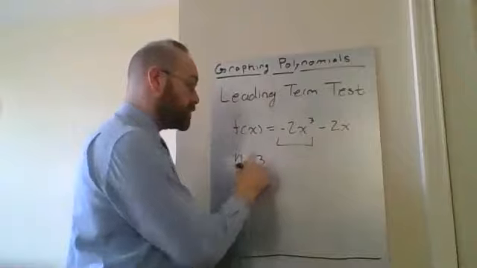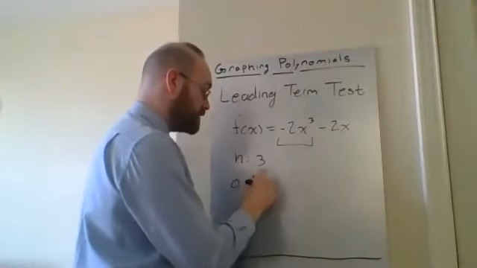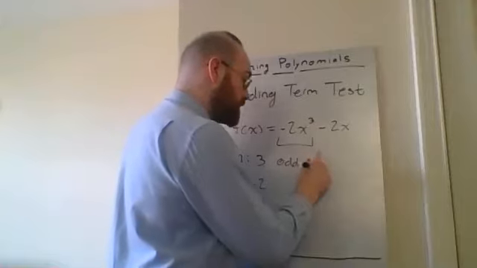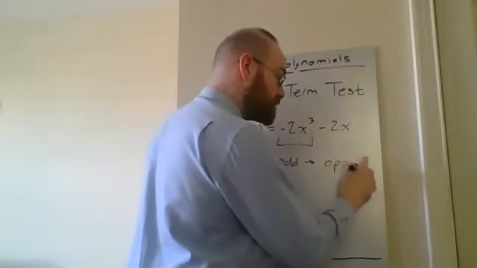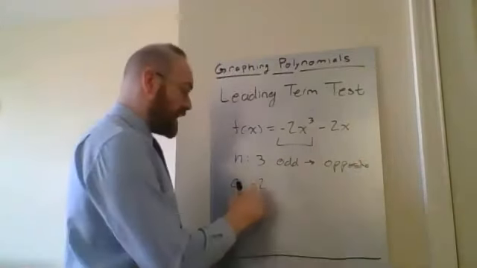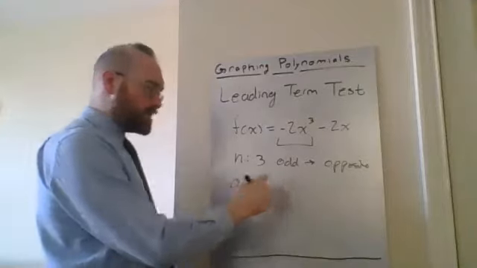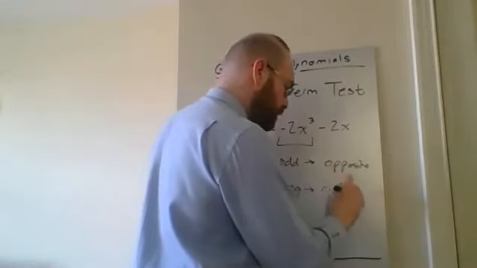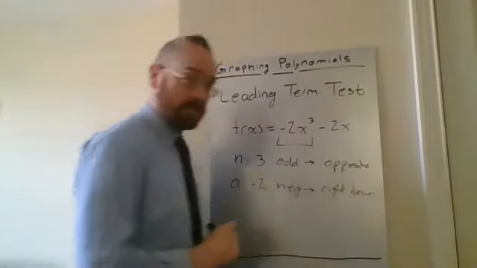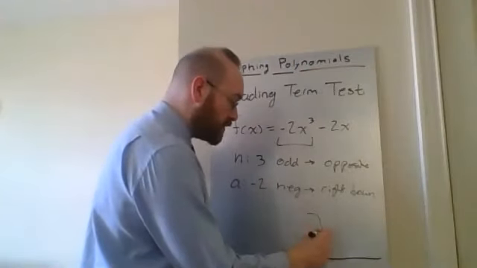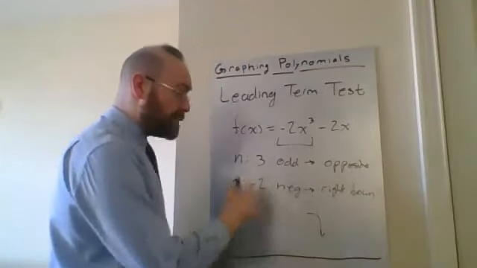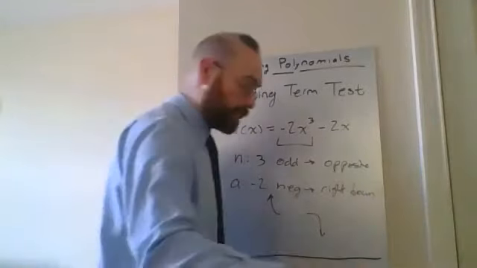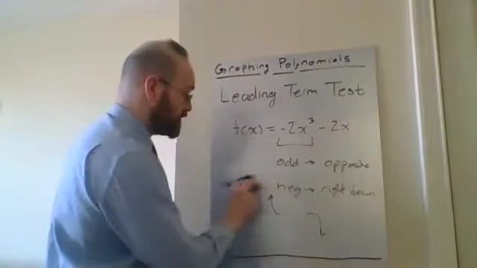N is 3, A is negative 2. So N is an odd number. That means they're going to be opposite directions on either side. And negative 2 is a negative number, which means the right side is going to go down. So if the right side goes down, then the opposite would be the left side goes up. So we could say, I'm going to erase this to make space.